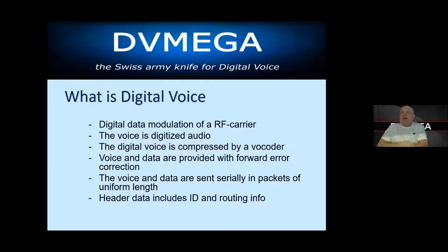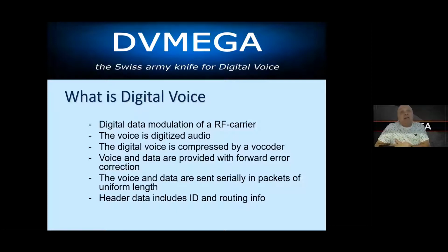Okay, what is digital voice? It's actually digital data modulation of an RF carrier. So the transmission is still analog, but I come to that later when I take every mode apart. The voice is digitized audio, and the digital voice is compressed by a vocoder.